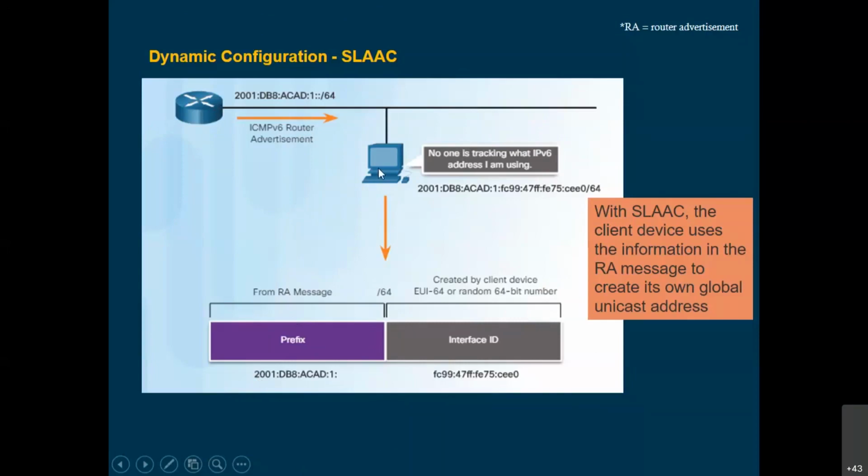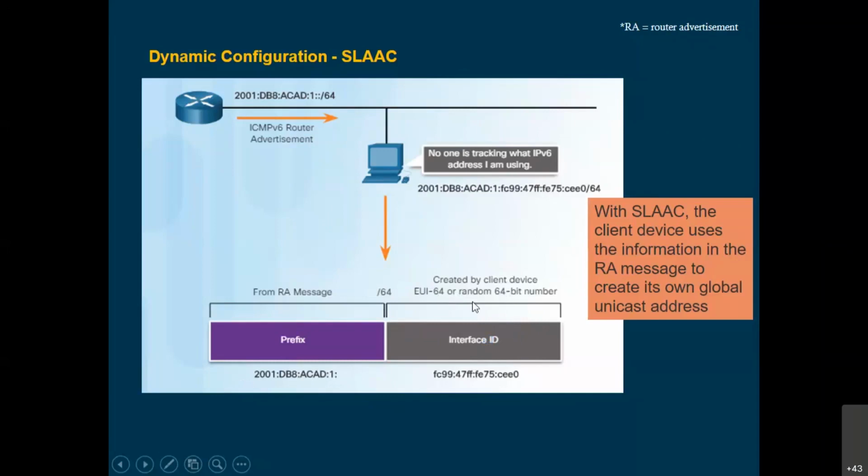So when the PC or the host gets the prefix and the prefix length, it has to create its own interface ID. Yes, it creates its own. How does it create its own IP address on the interface side? This part is set. This part is set. But this part, it will create either using EUI-64 or a randomly generated 64-bit number.